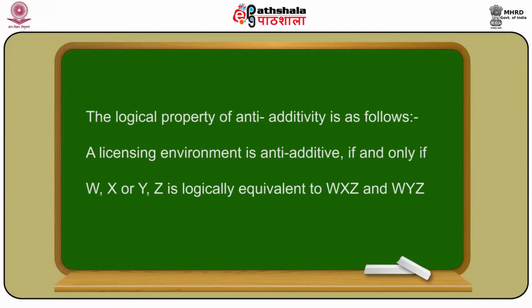One such condition Schwarz proposed was the property of anti-additivity. Now, the logical property of anti-additivity is as follows. We say that a licensing environment is anti-additive if and only if W, X or Y, Z is logically equivalent to WXZ and WYZ.